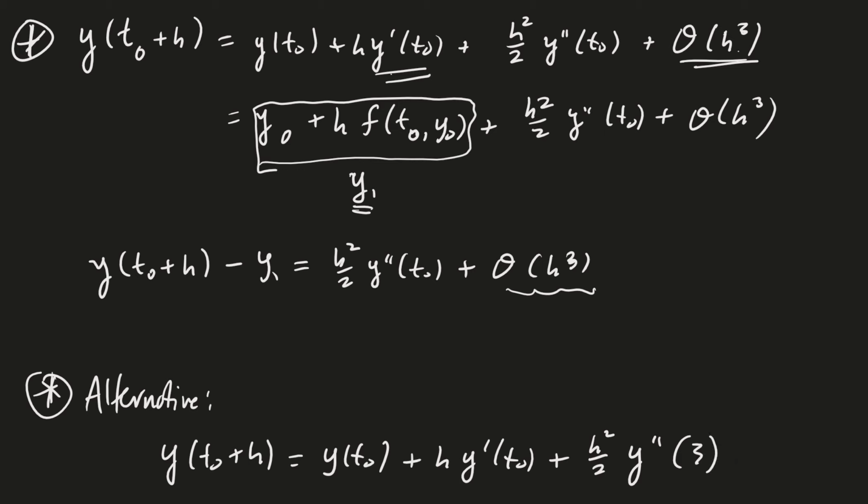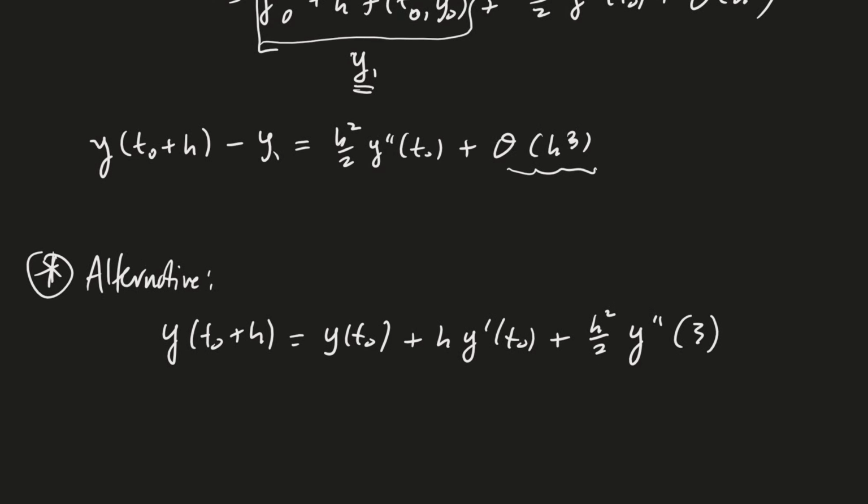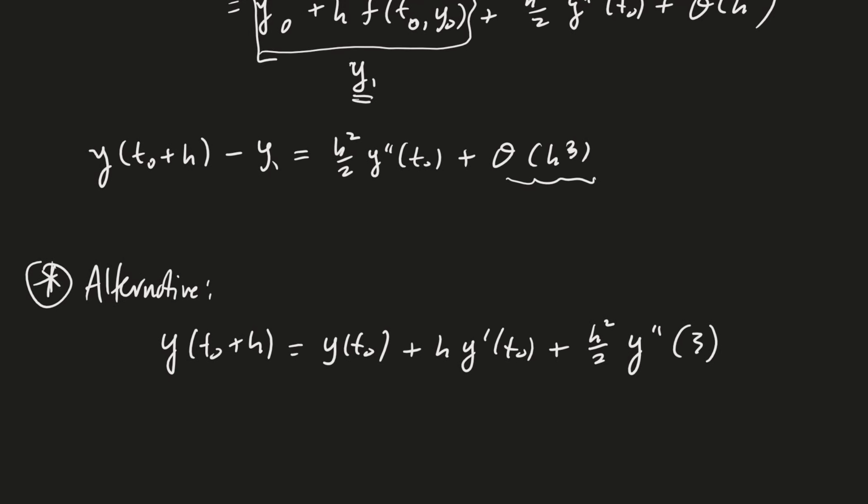Okay, and this is going to work if y has a continuous second derivative. So I'm assuming that y has a continuous second derivative, and this c here is in the interval from t0 to t0 plus h.